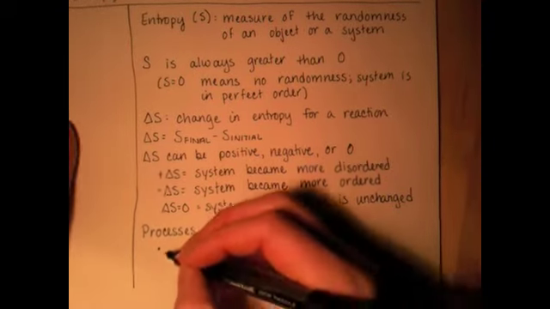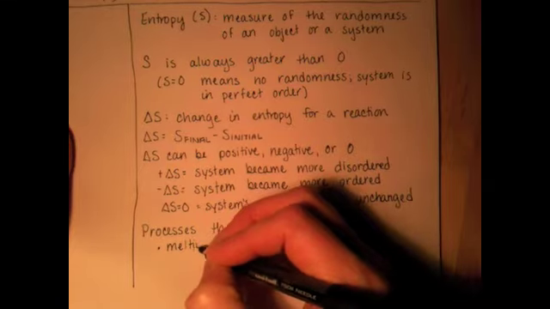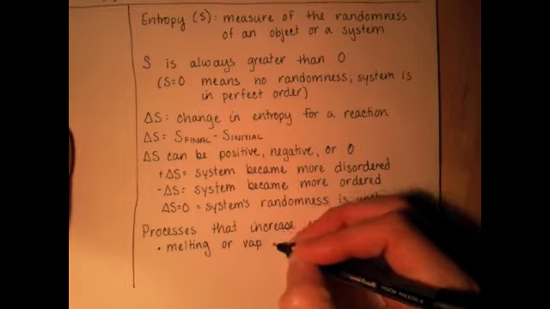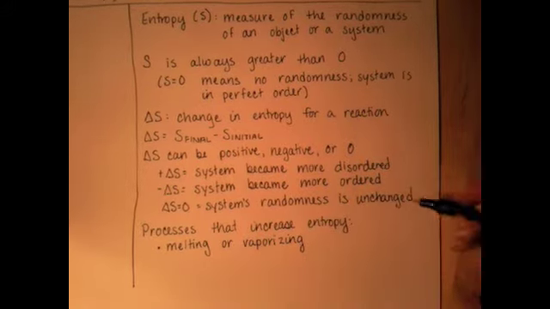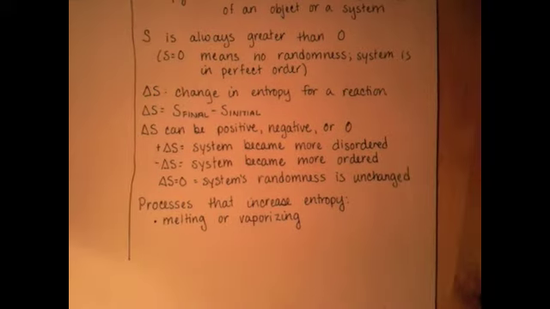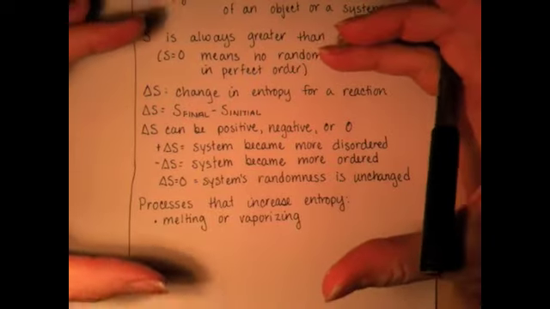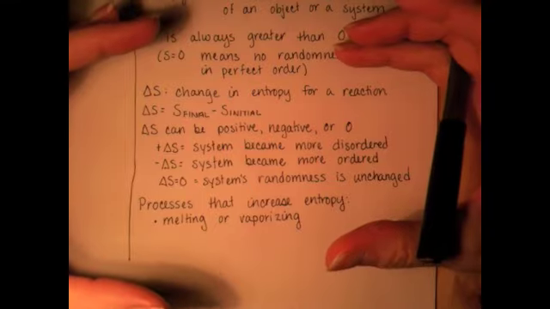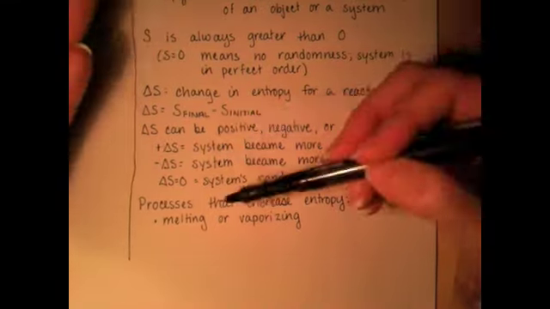So, for example, if you have a phase change going from a solid to a liquid, melting, or going from a liquid to a gas, vaporizing, both of those phase changes increase the entropy of the system. Liquids are more random than solids. Remember, solids have that structured, ordered lattice that they have to be in. The molecules are locked in position. They can't move other than just vibrate, whereas liquids are free to move around.